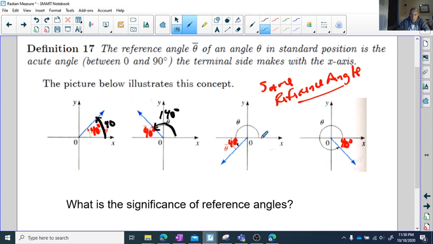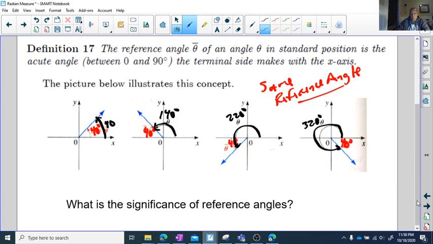This is another 40. So this actual full angle from here around to here would have to be 220 degrees. Now this one, I know that a full circle is 360, but I've got 40 degrees kind of chopped out of it right here, which means this angle back here is 320 degrees. 40, 140, 220, and 320 are all 40 degrees off the x-axis.